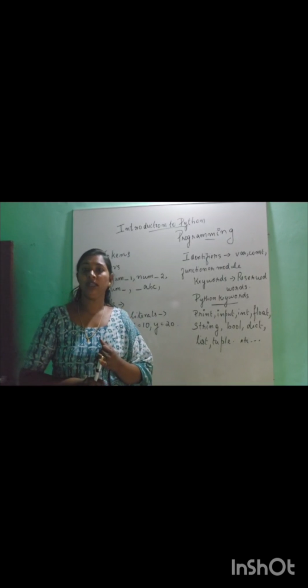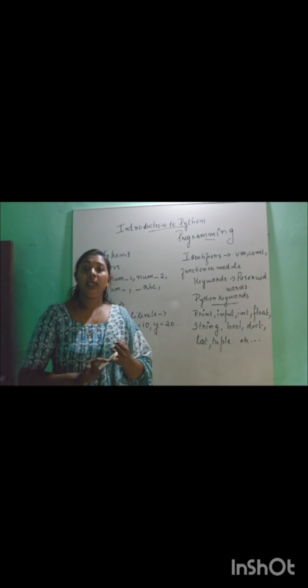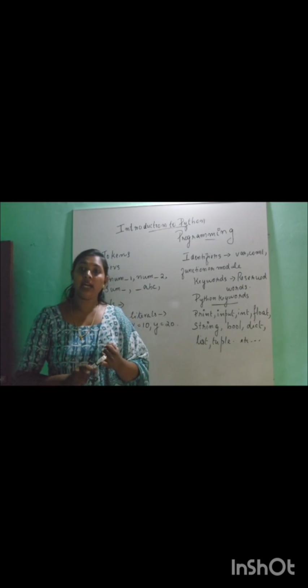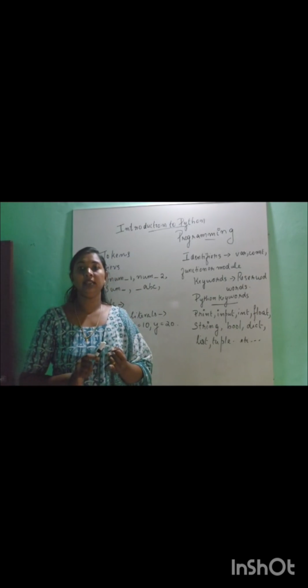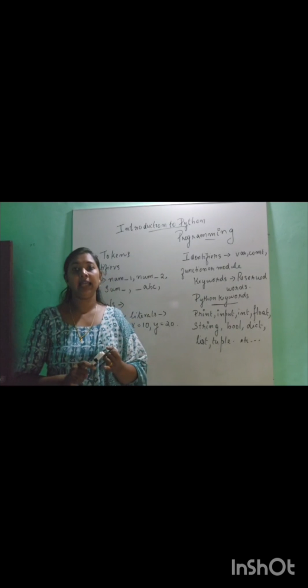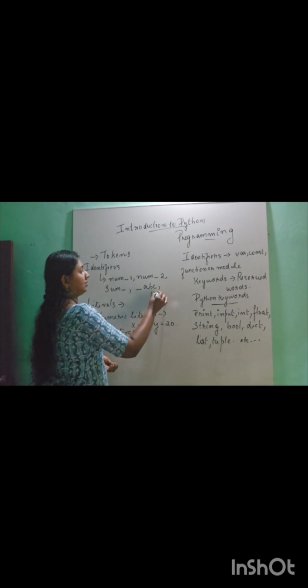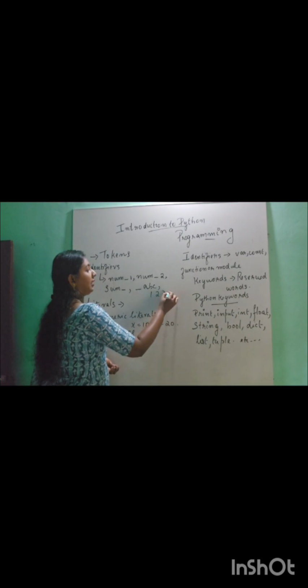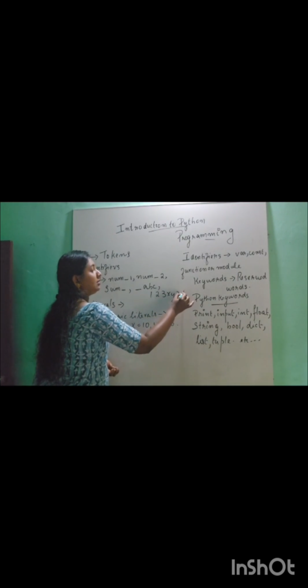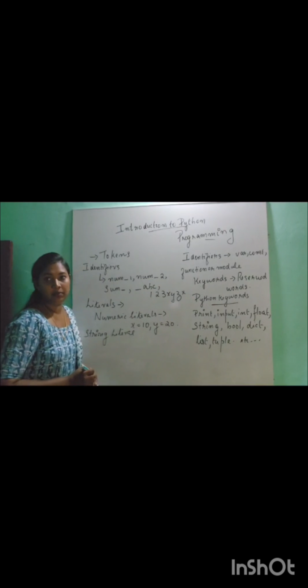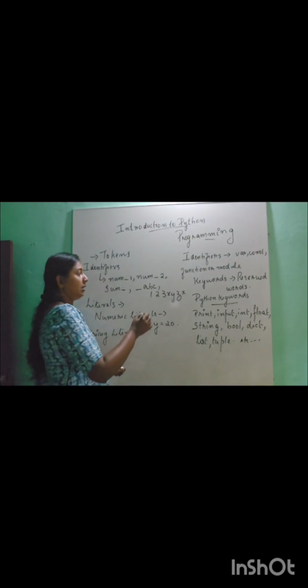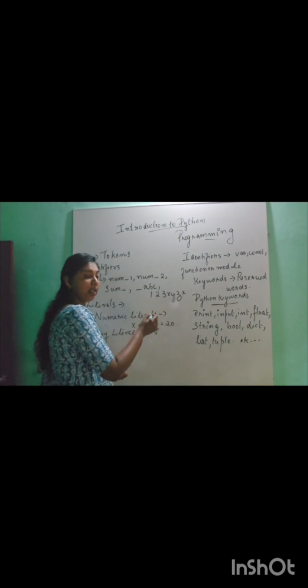The first rule is that the name of a variable should start with either a character or an underscore. It is not allowed to start the variable name with a digit. That is, I can't name the variable like this.